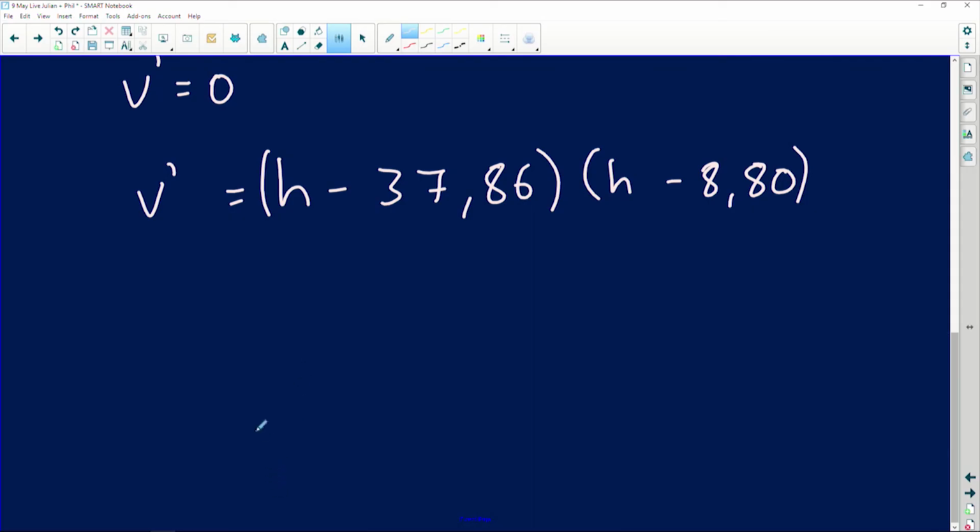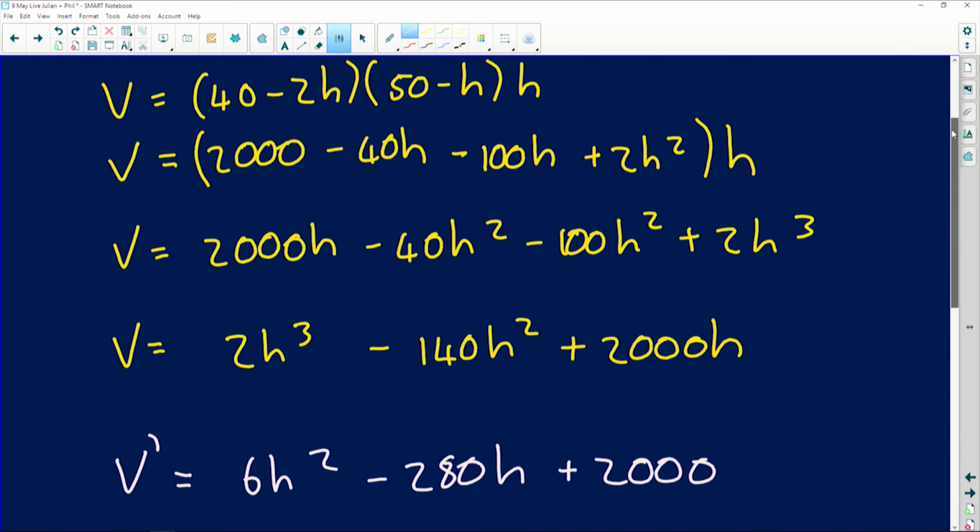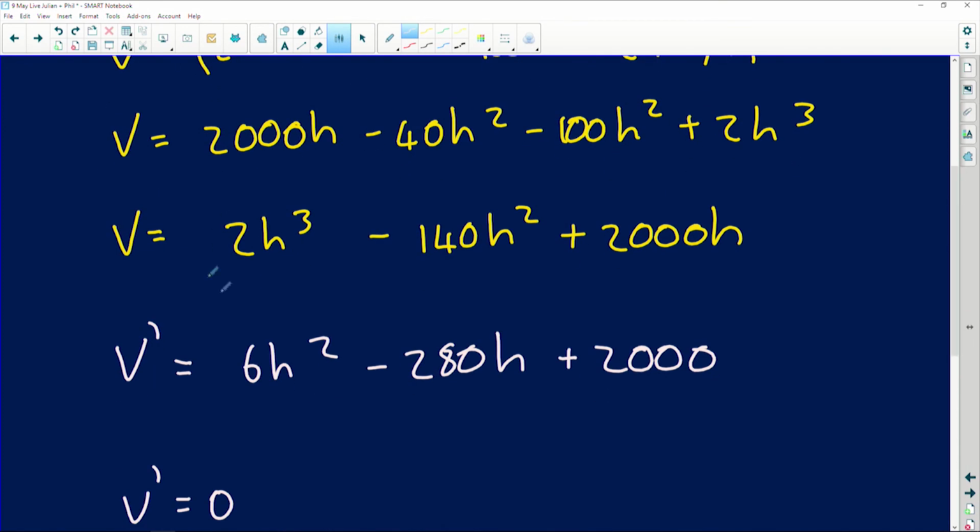They want us to find out which one's going to be the maximum, which one's going to give the minimum. So now we've got to be very careful about this. We've got two values: one which is 37 and one which is 8. But guys, don't be fooled by taking the largest value and saying that's a maximum. No, that's not what you've got to do. If we draw out a cubic function, my cubic function is going to be positive. So you can see over here, it is a positive cubic function.